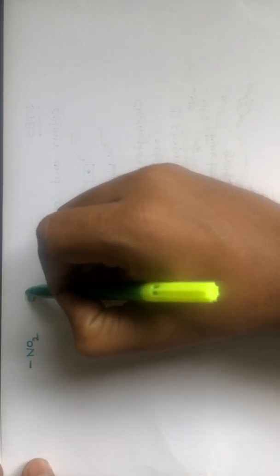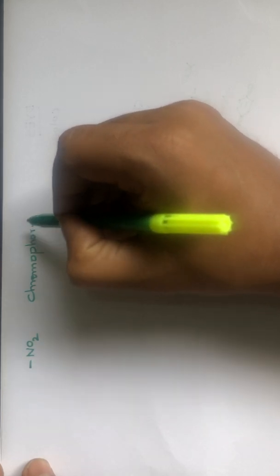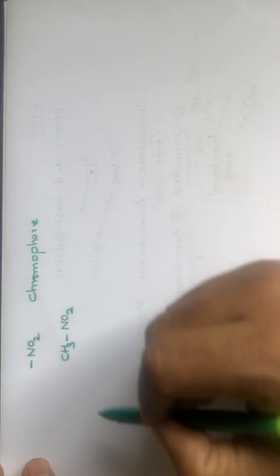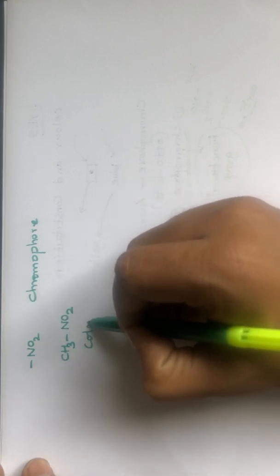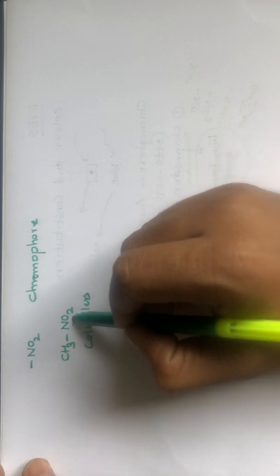We all know that the NO2 group is a chromophore, right? Nitromethane, that is CH3NO2, is colorless. That means the mere presence of the NO2 group will not impart color.